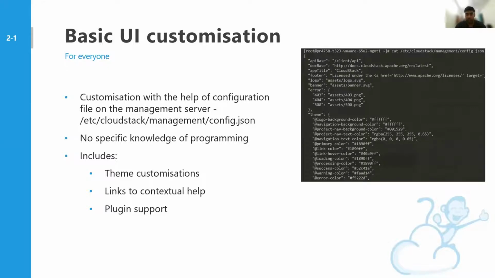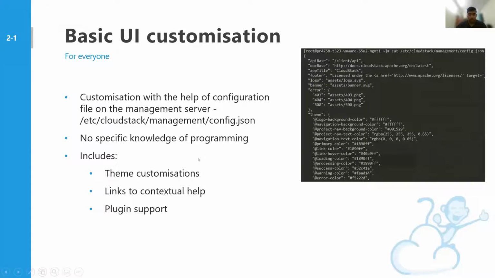You will be provided with a JSON file which has keys for different parameters such as title, footer, logo, banner, etc. There are also a bunch of properties for colors and height, width, which would allow customizing the theme for the interface.